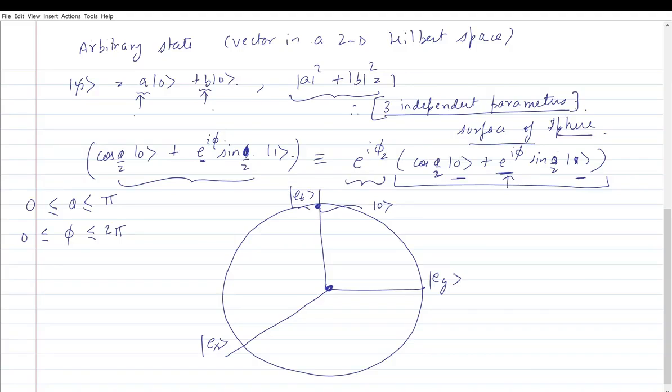So theta is 0, which is also e_z, or it's my spin up, or it's my representation for the right circular polarized light.